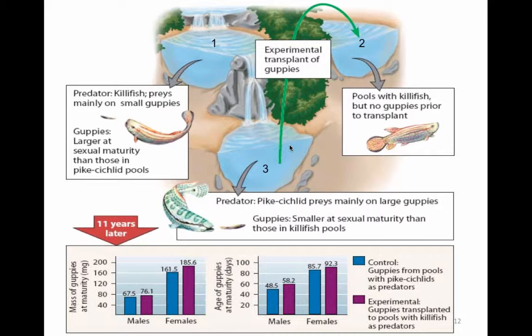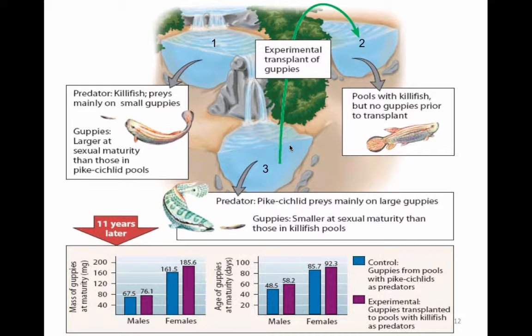Male age at maturity increases from 48.5 days, blue bar, to 58.2 days, purple bar. And the females increase from 85.7, blue bar, to 92.3 days, purple bar.